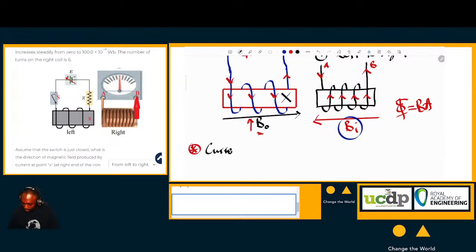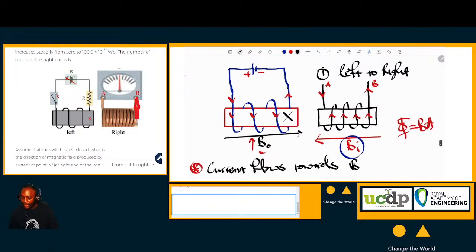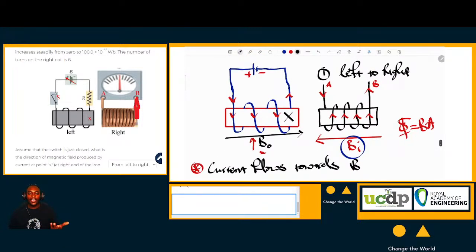Yes, I agree. Current flows towards B. But then how do we determine whether A is positive or negative?